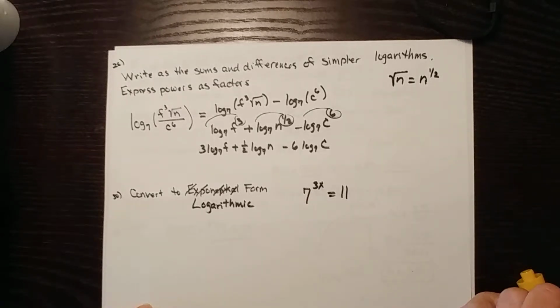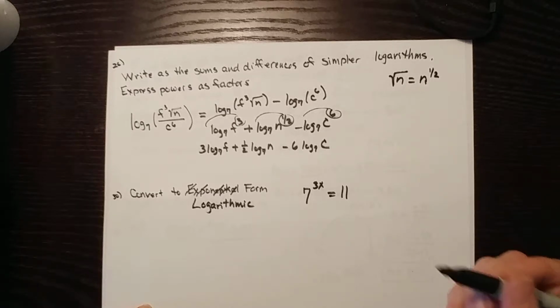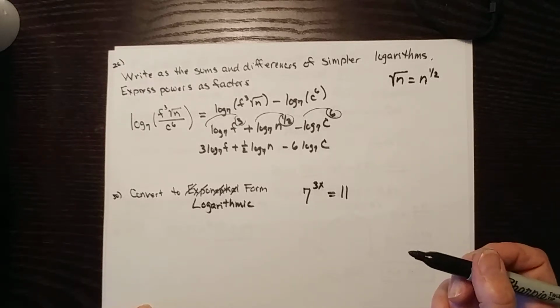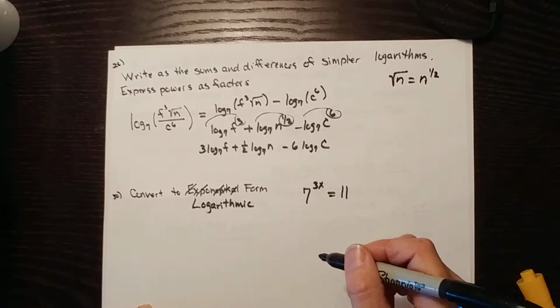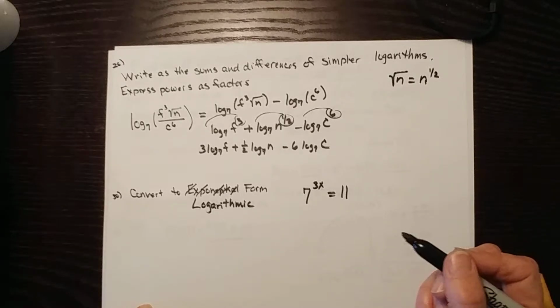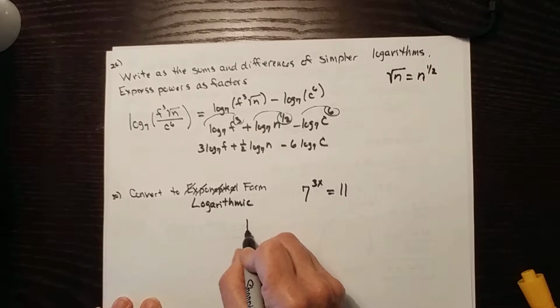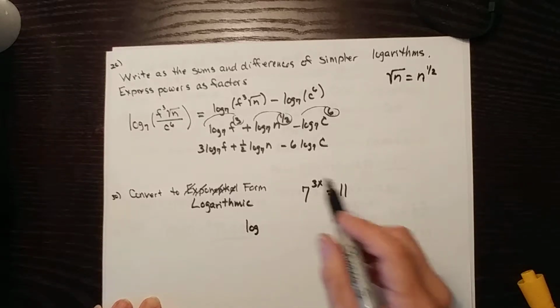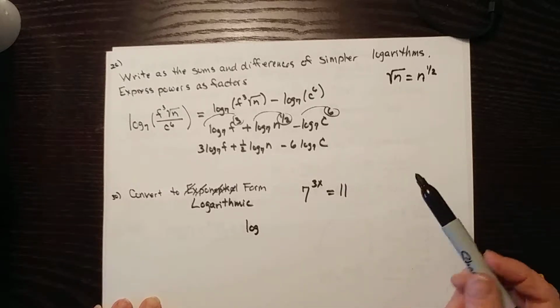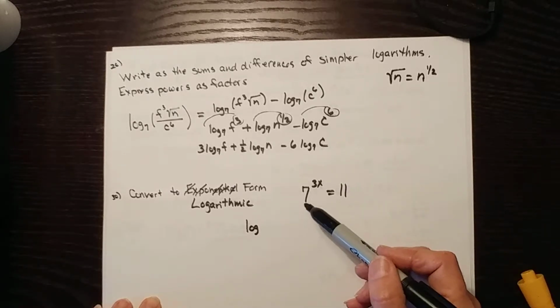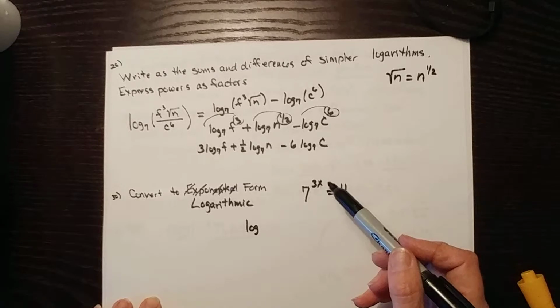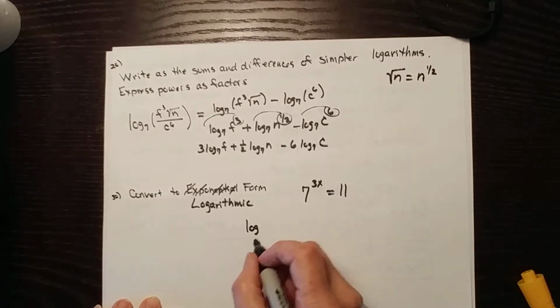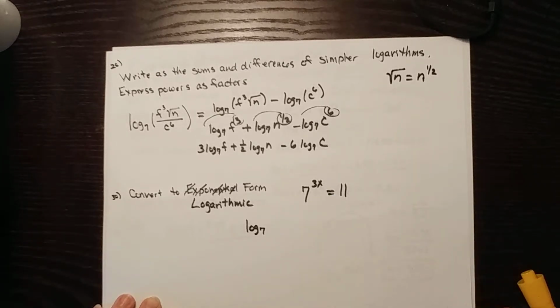So in order to write an equivalent statement, but not in exponential form, but in logarithmic form, you need to write down the word log. So begin there. Say log. In the base of the logarithm, the subscript is the same base as you see in this exponential expression. Right here, the base is 7. Base of 7 is being raised to the exponent 3x. So log base 7 is what you'll get.